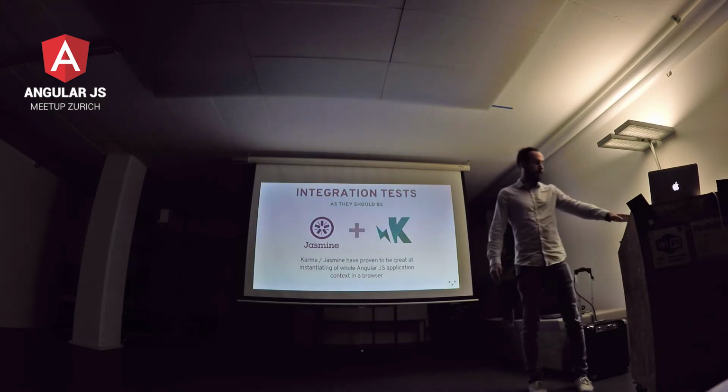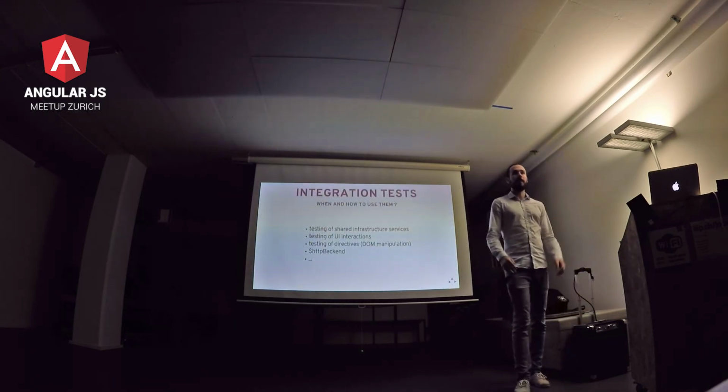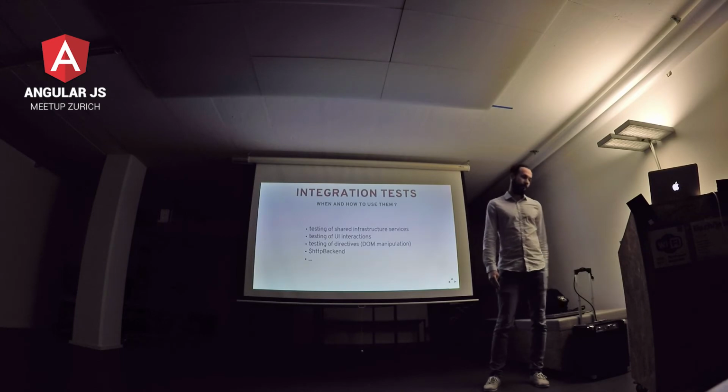Also, if you want to test infrastructural services like login or an interceptor, which really need the Angular API to be present and working, then this is the way to go. But just for testing functionality, the other approach is much faster.